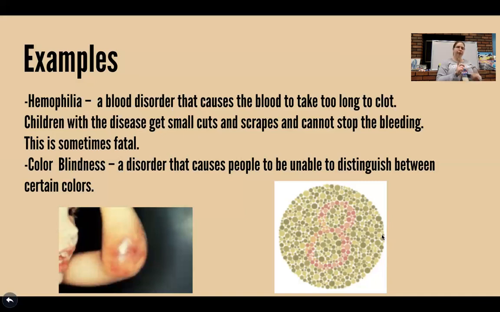So if you can see that 8 in the middle, then you are not colorblind. But there are people who just look at that and see different shades of gray circles. That's someone who would be red-green colorblind. Again, it's located on the X chromosome.